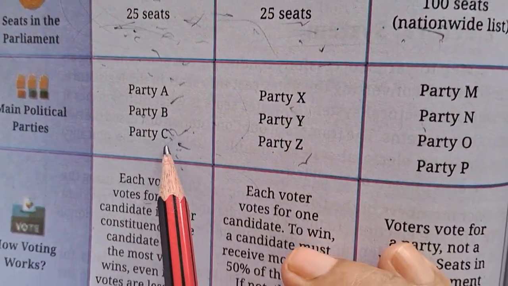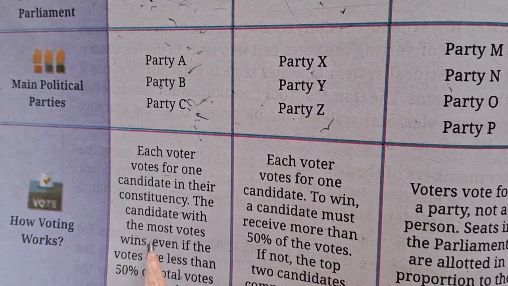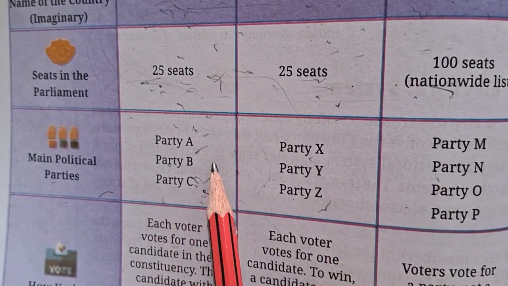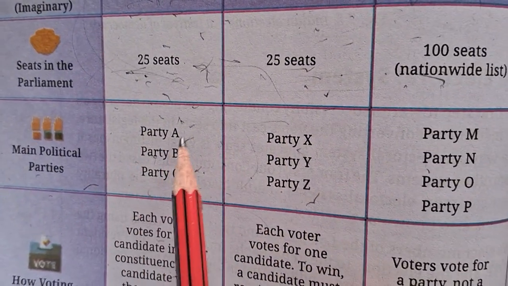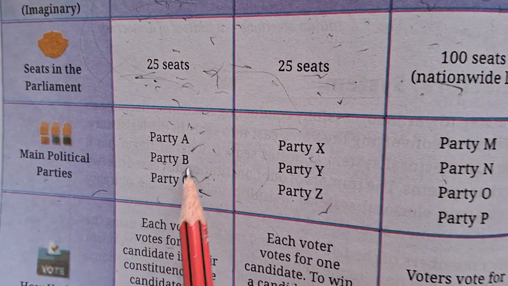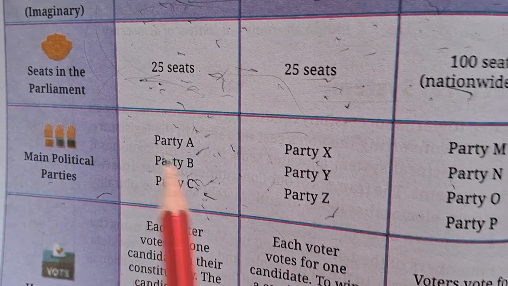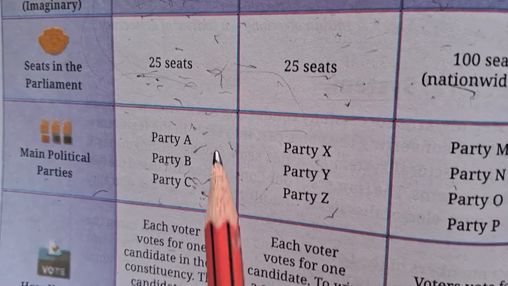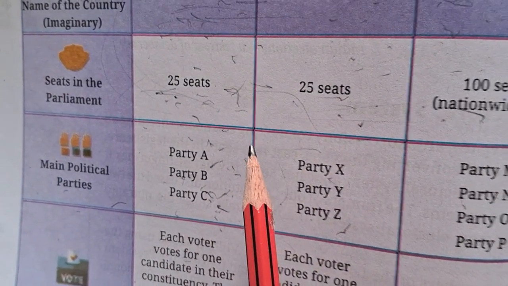Now in the next step, how voting works. These are the main political parties. The election process is always a fight between the main political parties, because the smaller ones cannot get the majority of votes during the election.